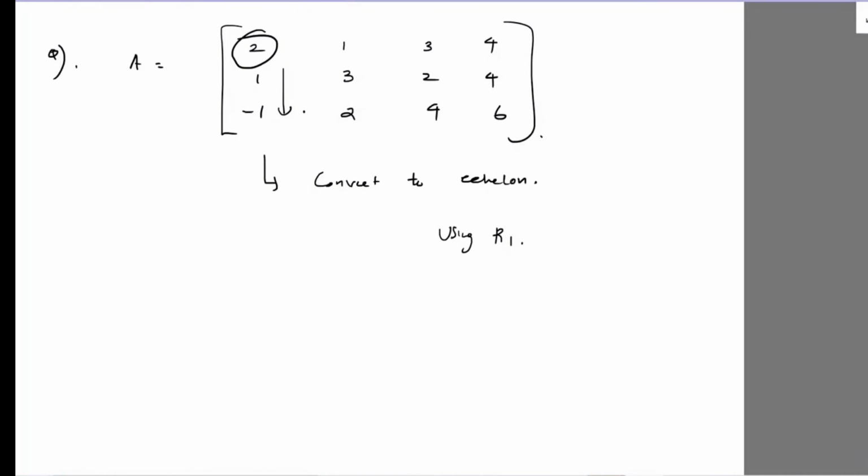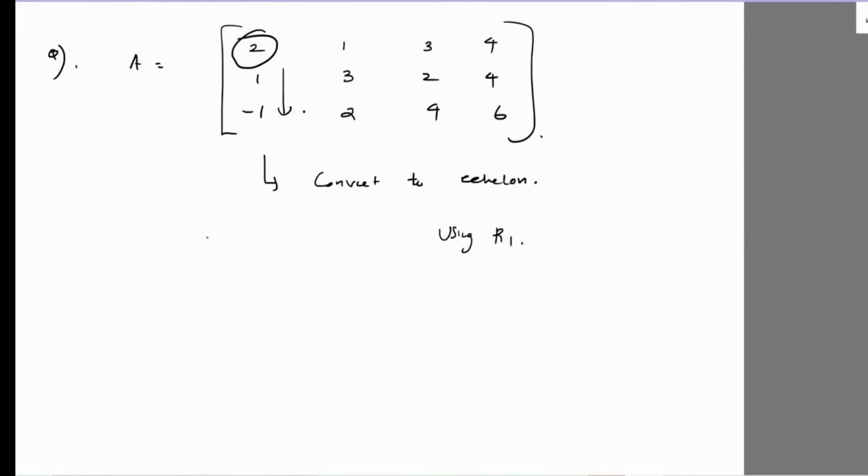So what are the operations? R2 changes to R2 plus... no, not R2 plus R3.